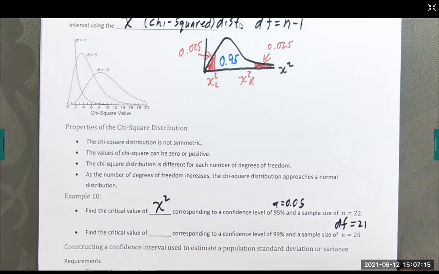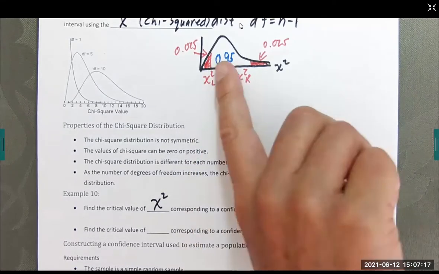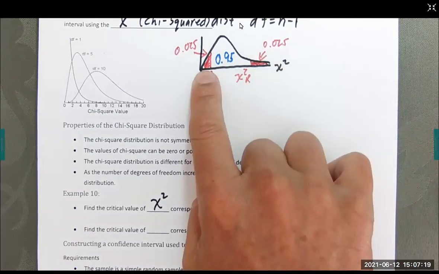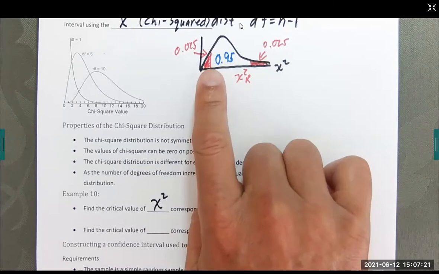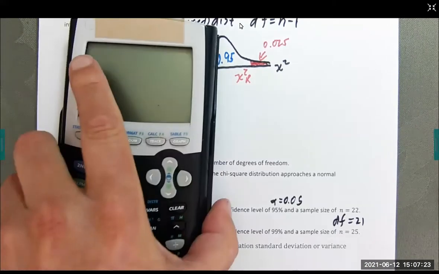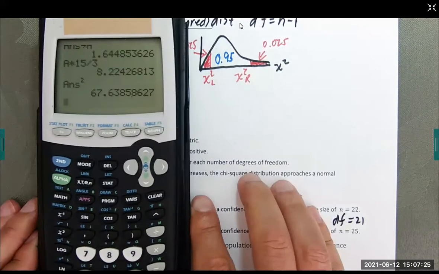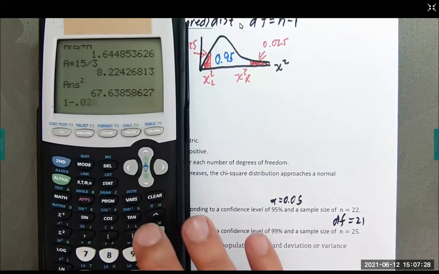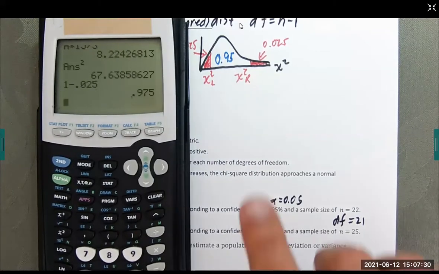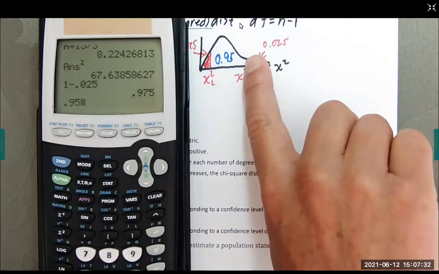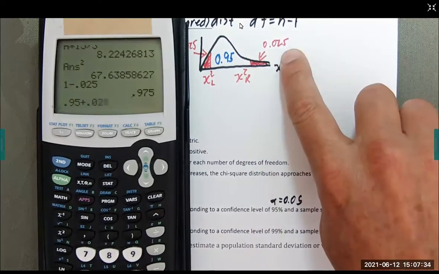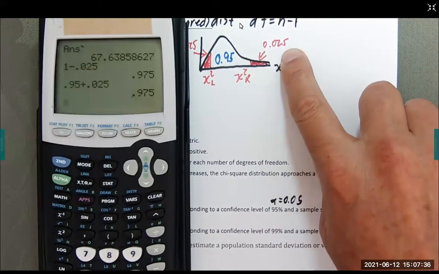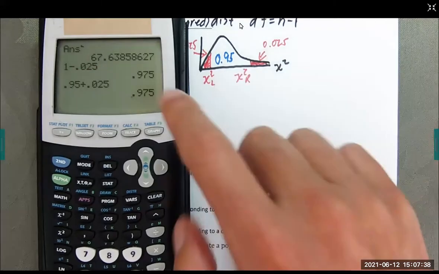So in actuality, the area to the right here is 1 minus 0.025. Two ways I can do this. 1 minus 0.025, 0.975, or I could go 0.95 plus 0.025. Either way, it gets me the same value. But the area to the right in this case is 0.975.